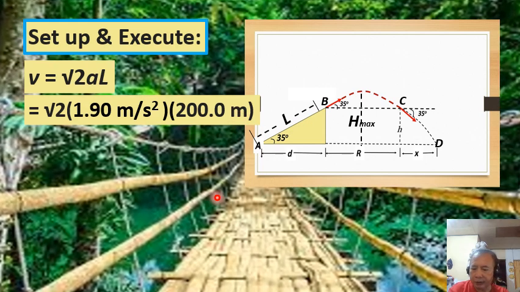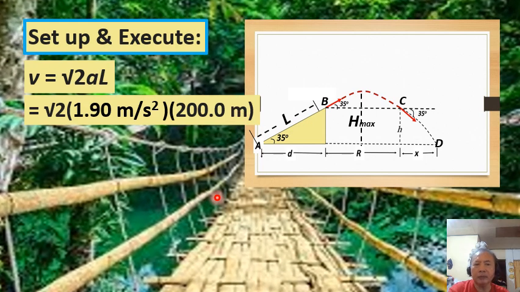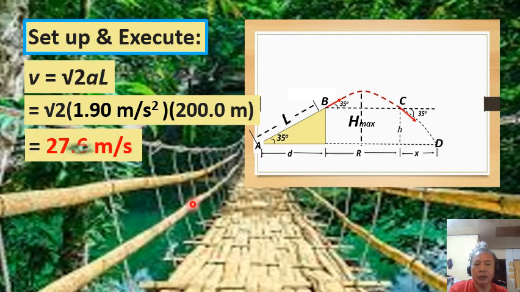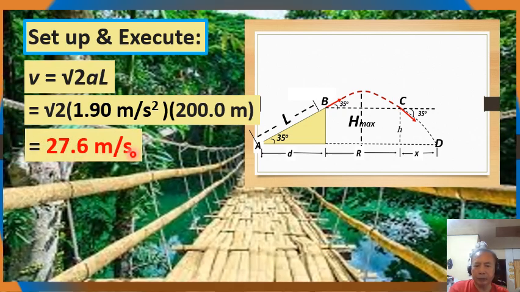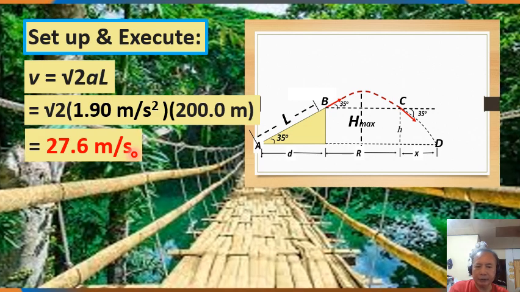The value of the final speed v is 27.6 meters per second.